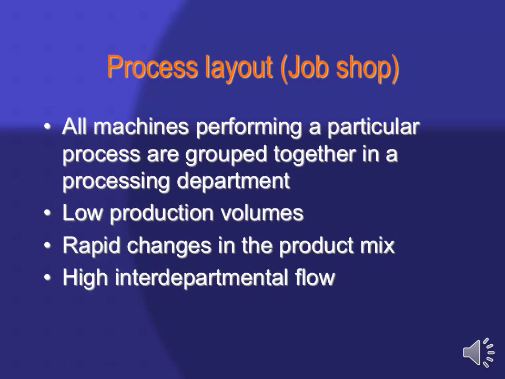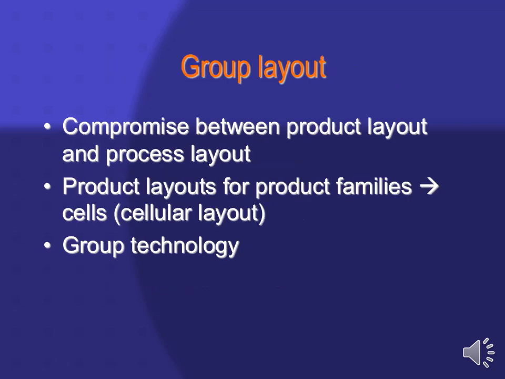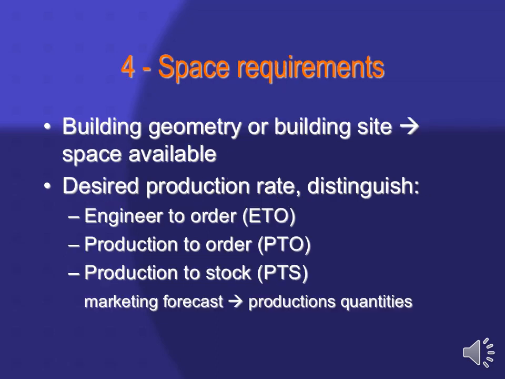Process layout, that is the job shop. All machines performing a particular process are grouped together in a processing department. Low production volume, rapid change in the product mix, high interdependence. Then group layout, compromise between product layout and process layout. Product layout for product families, cells, that is the cell, also called group technology.